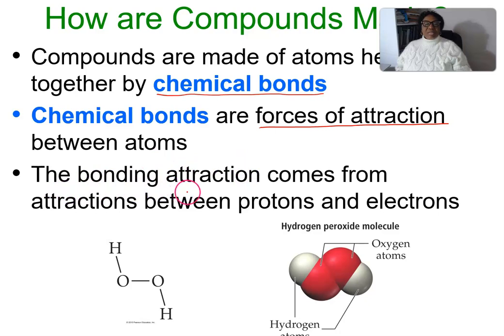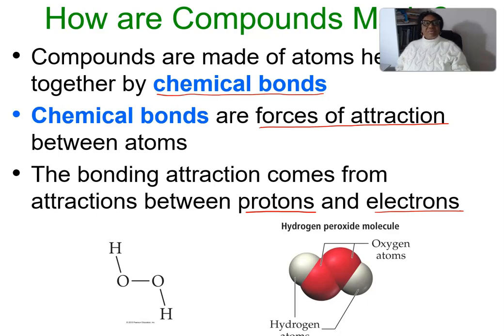The bonding attraction comes from the attraction between protons and electrons. That is what forms a chemical bond. When they interact, a chemical bond is formed.